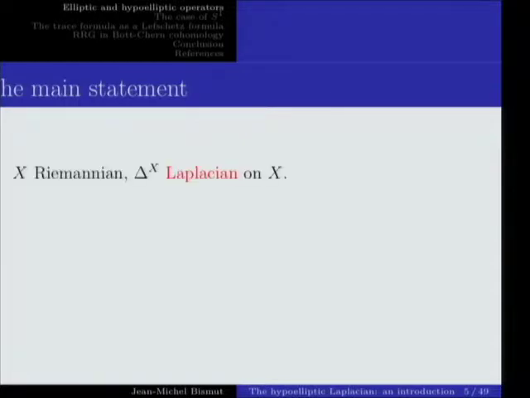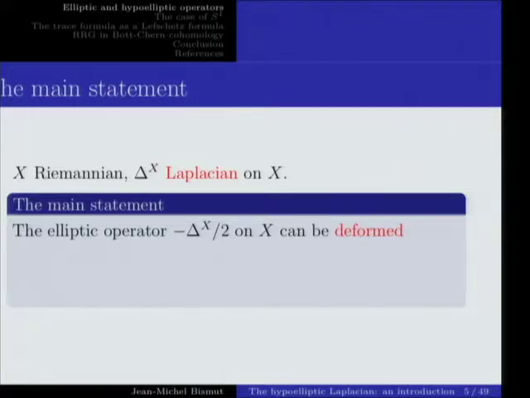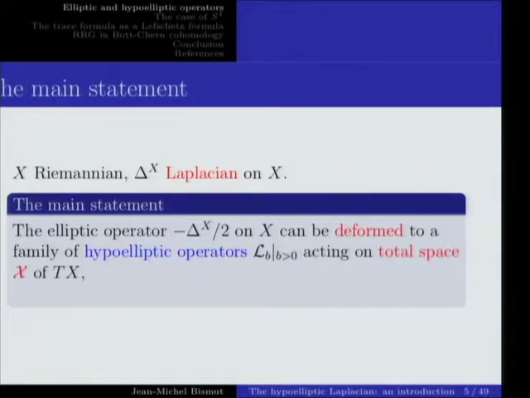So what is the main statement? I start from X, a Riemannian manifold, and I call delta X the Laplacian on X. The main statement is that the elliptic operator minus delta X over 2, where 1 over 2 is a convenient normalization on X, can be deformed to a family of hypoelliptic operators L_b, indexed by the parameter b, acting on a bigger space.